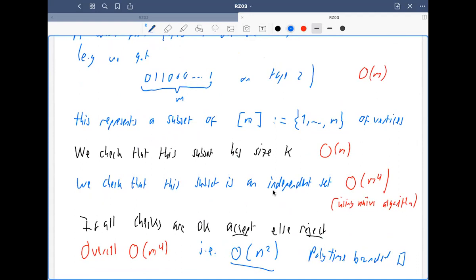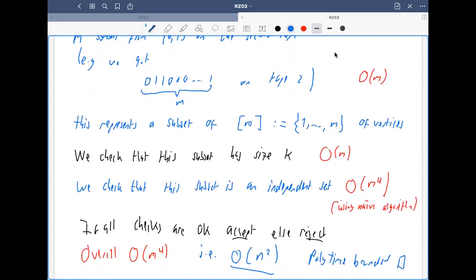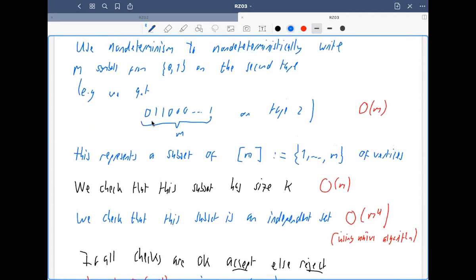And notice that this works as it should, because if there is an independent set of size k, there will be one set of guesses, or at least one. There might be several independent sets of size k, but there will be one set of non-deterministic choices that gives us the relevant set.